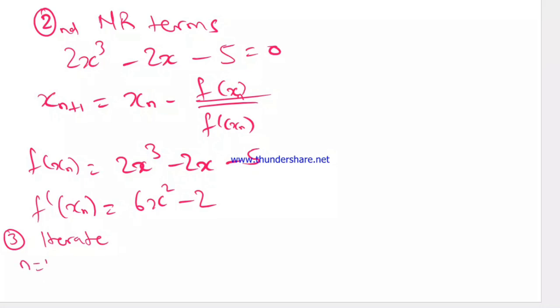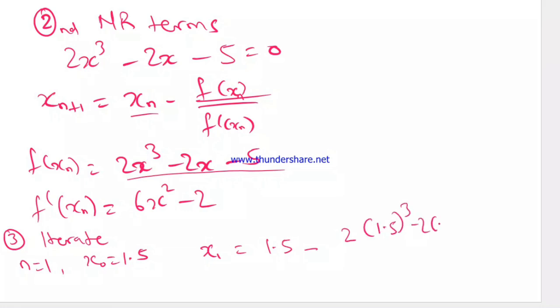When n is equal to 1, remember our initial guess is 1.5. Therefore, to calculate our x1, it will be equal to xn, which is x0 now, 1.5, minus f of xn, which is this equation: 2 times 1.5 cubed minus 2 times 1.5 minus 5, divided by f prime x, which is 6 times 1.5 squared minus 2.